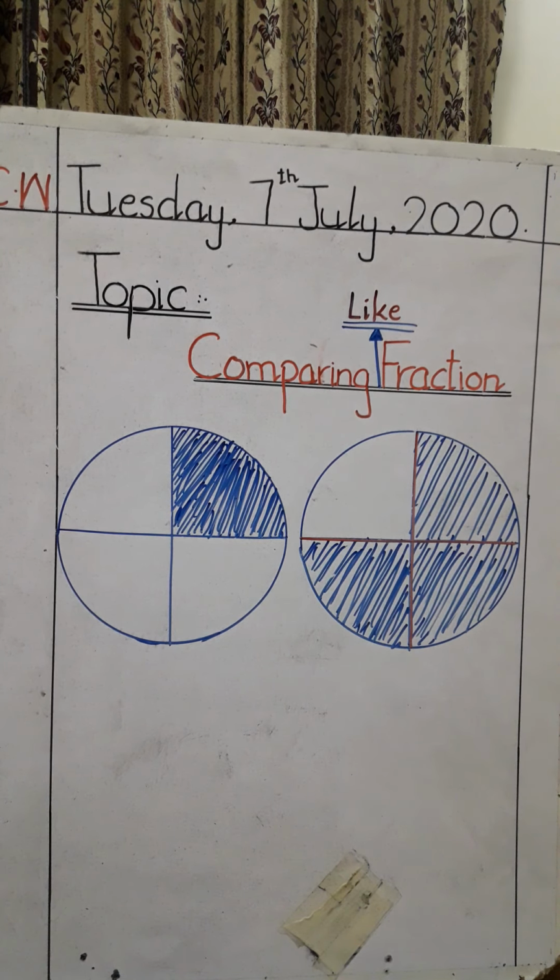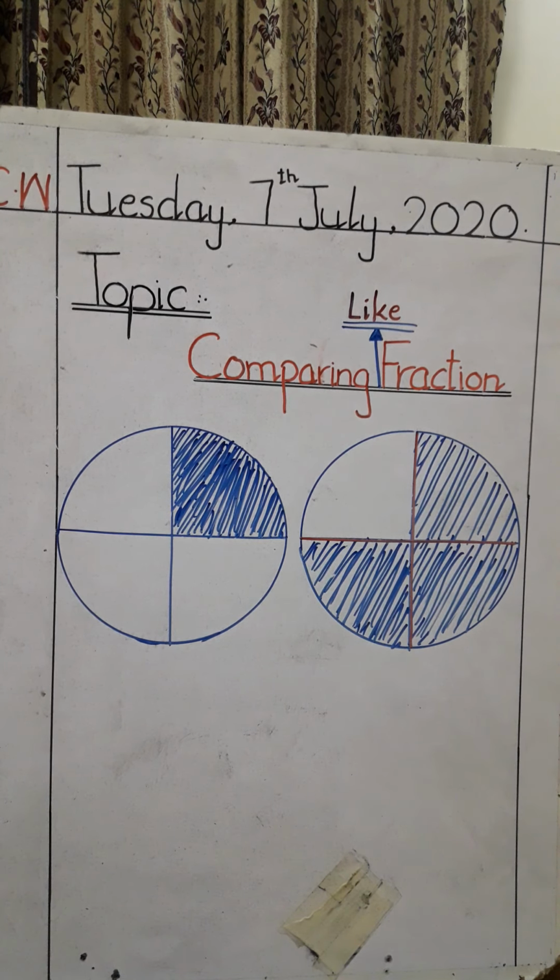Okay students, now if I ask you which of these fractions is greater or bigger, can you tell me? Well, as you can see, this circle has a greater colored area.